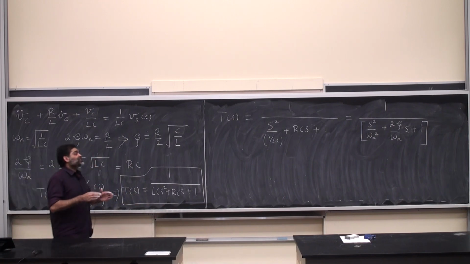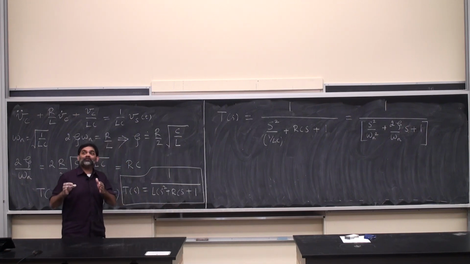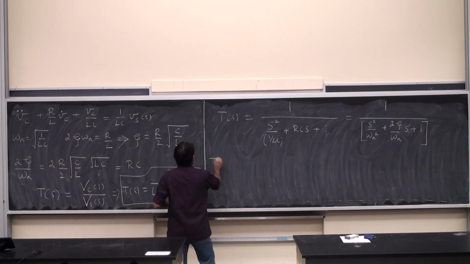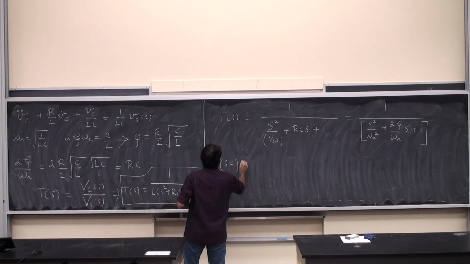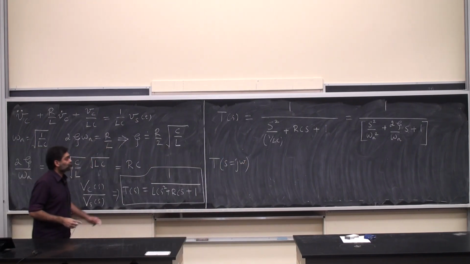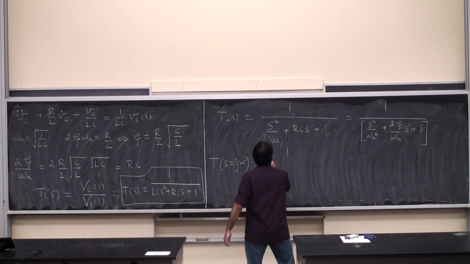And it is at this juncture that I take the frequency response function by substituting S is equal to j omega. So T, when S is equal to j omega, substitute, it's 1.